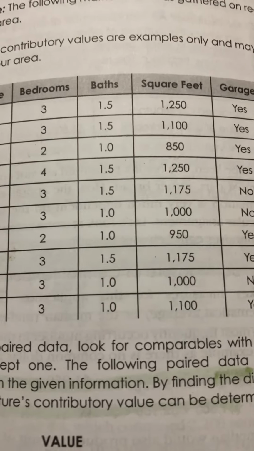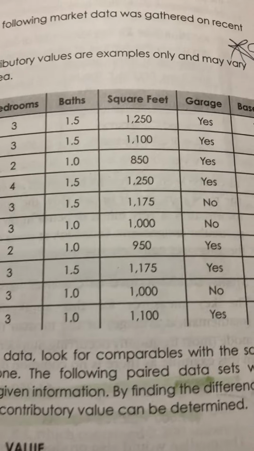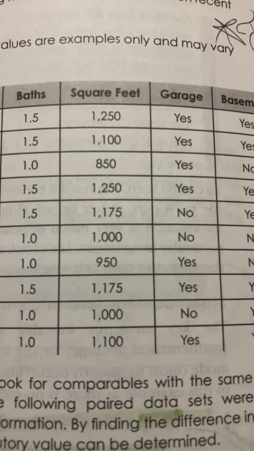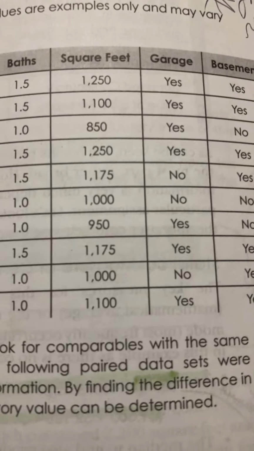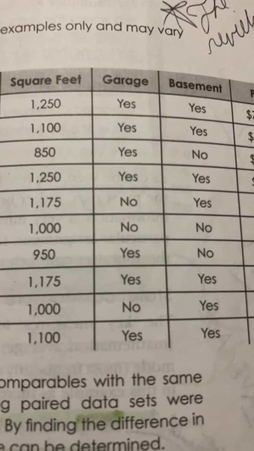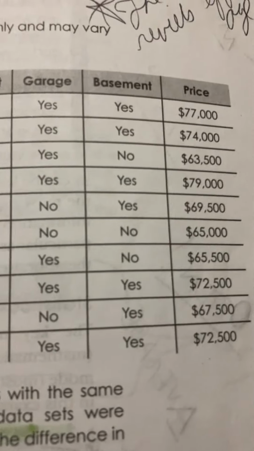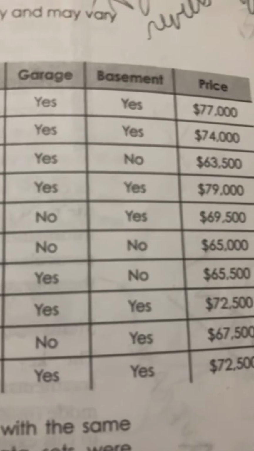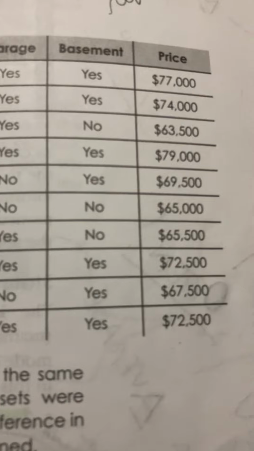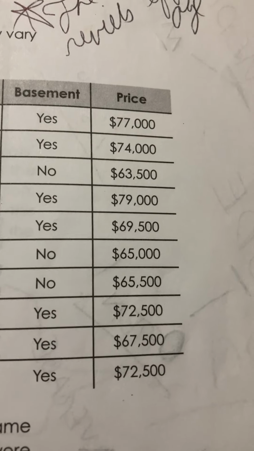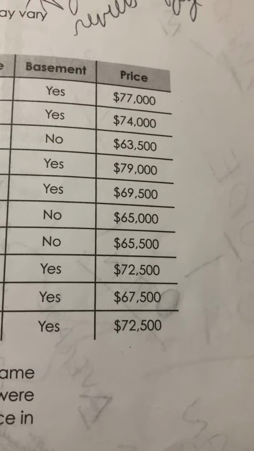Shows the different baths, like 1.5 to 1.0. Shows the different square feet after that. 1,200, 1,100, 950. Different, and then there's the garage section. Some of them have yeses, some of them have nos. Then there's the basement section. Some of them have basements, some of them don't. And ultimately at the end, the sale prices. You got 77,000 to 69,000 to 72,000.